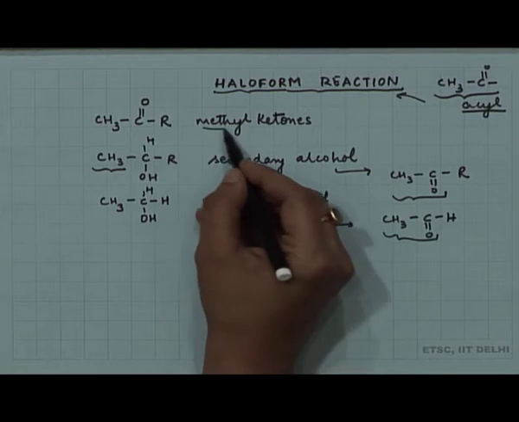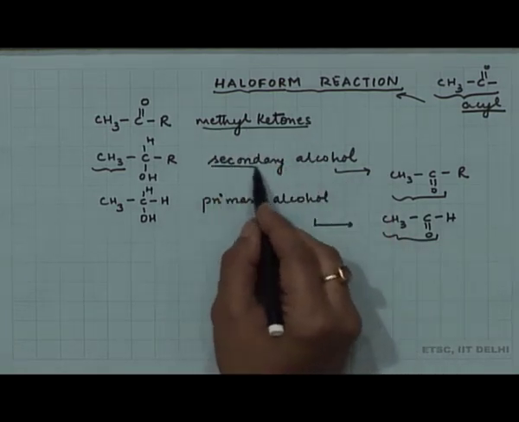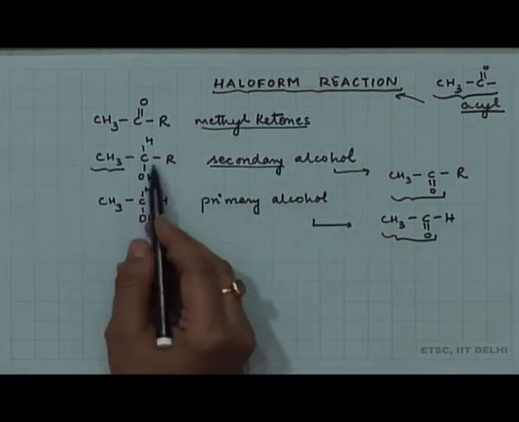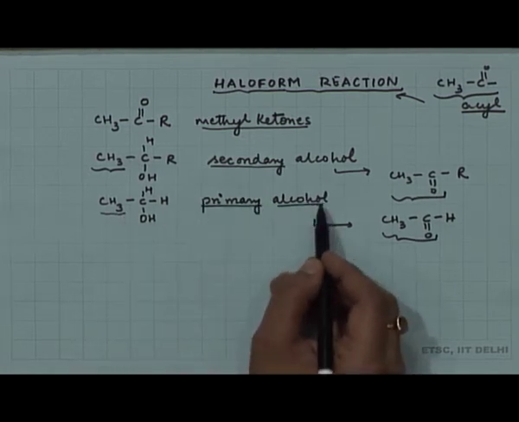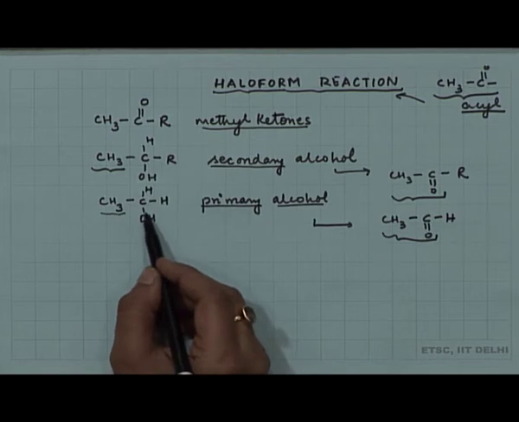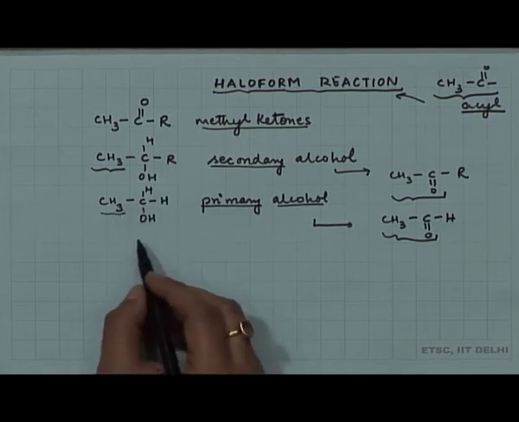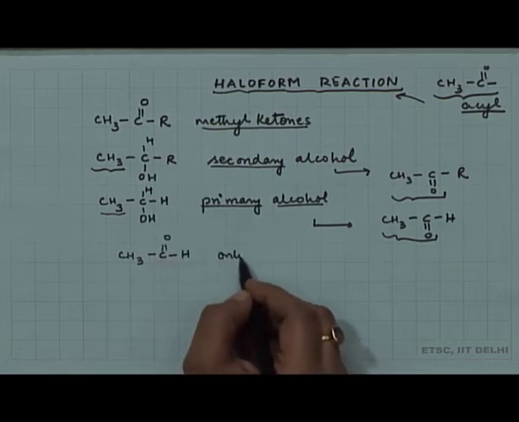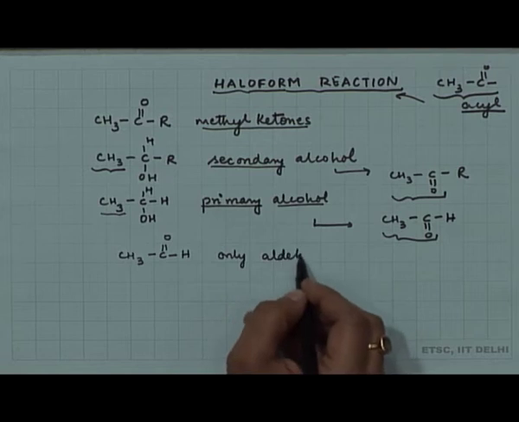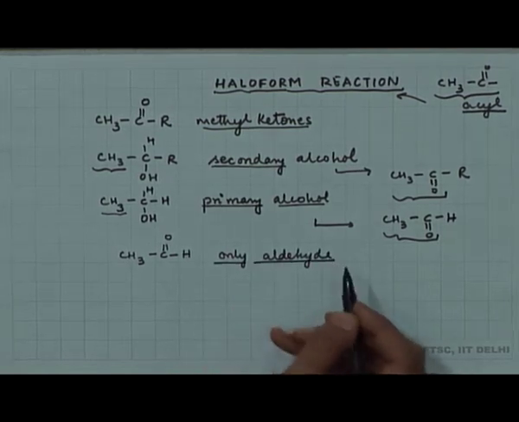So, it is given by methyl ketones, it is given by secondary alcohols where one of the carbons is bearing the methyl, it is given by primary alcohols where the next carbon is a methyl carbon, and it can also be given by acetaldehyde, and this is the only aldehyde which will give a positive haloform reaction.